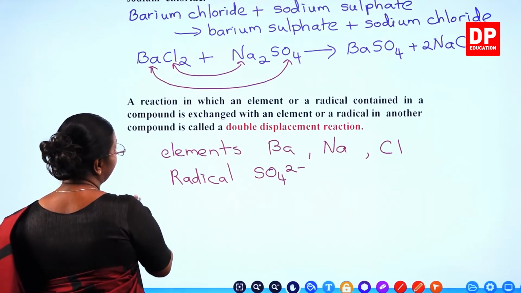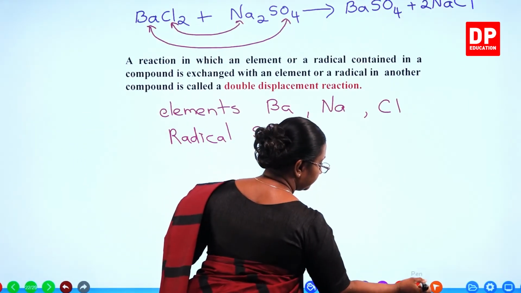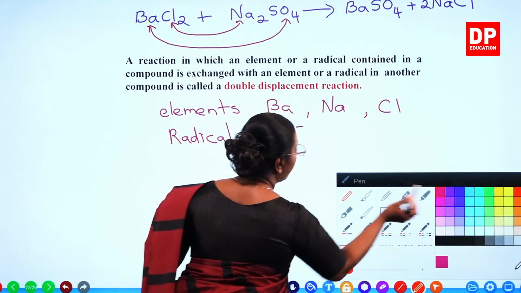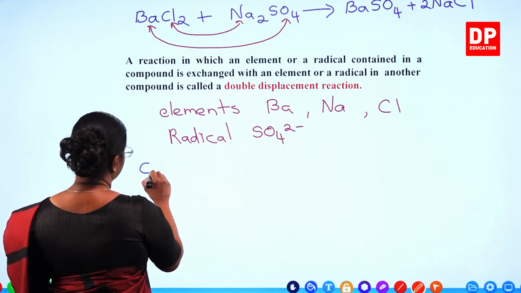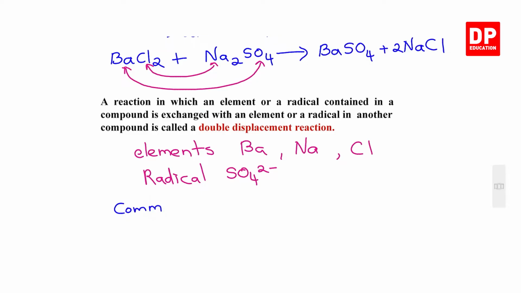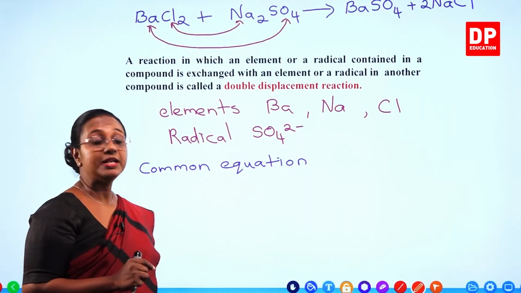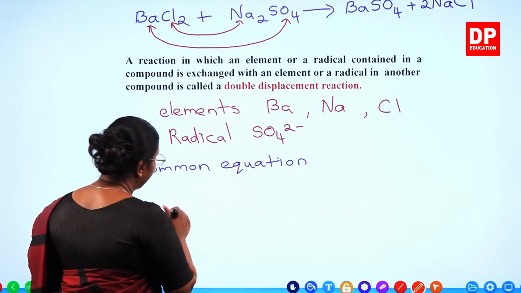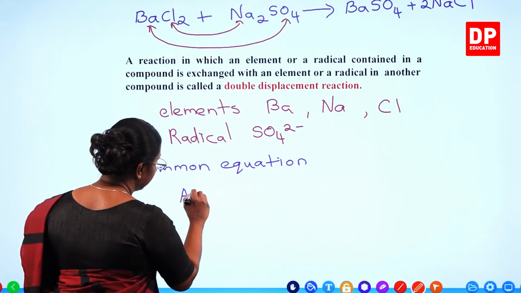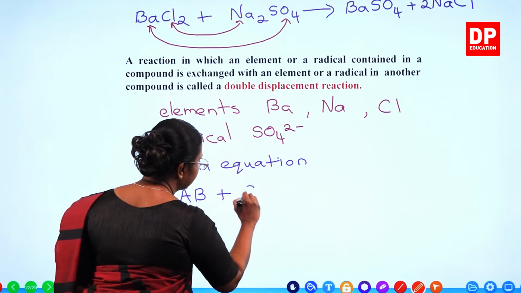So, if we write the common equation, students, we have two compounds AB and CD.